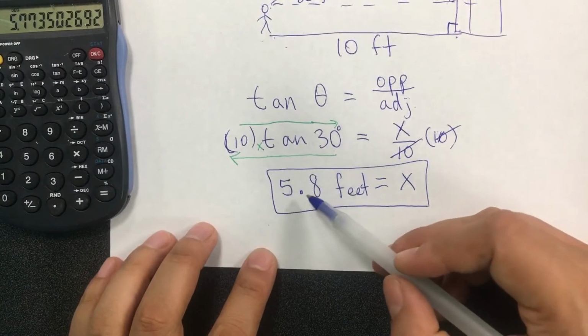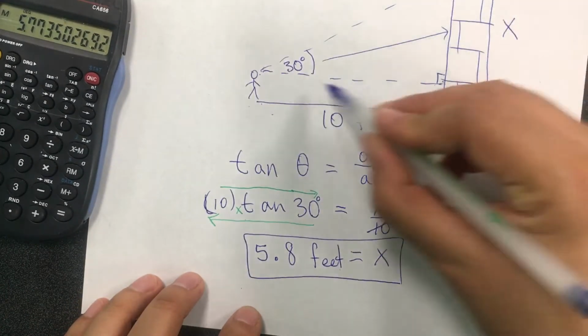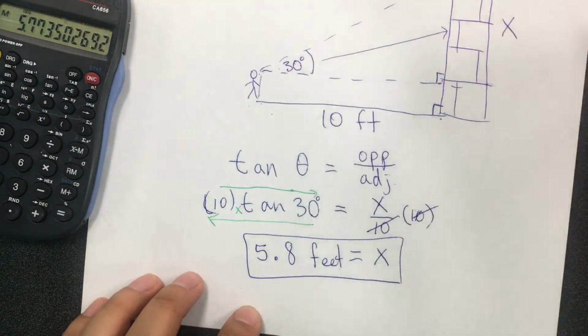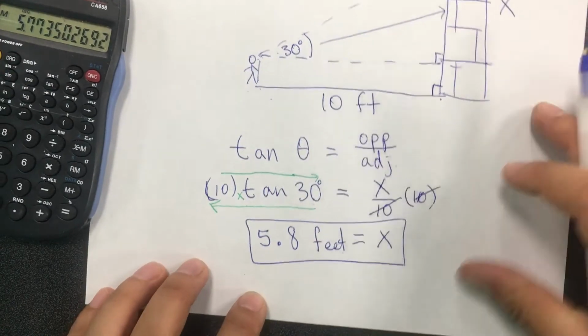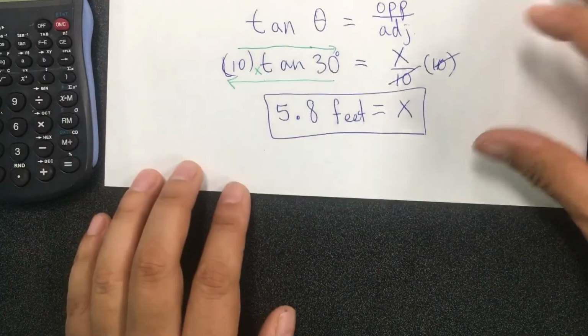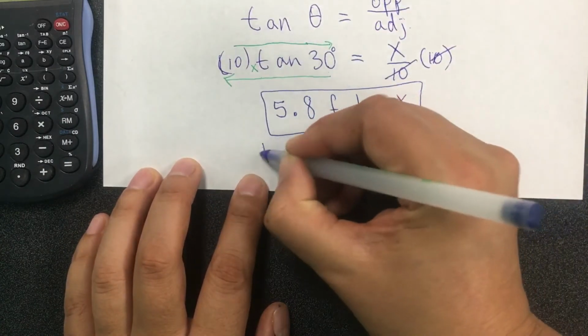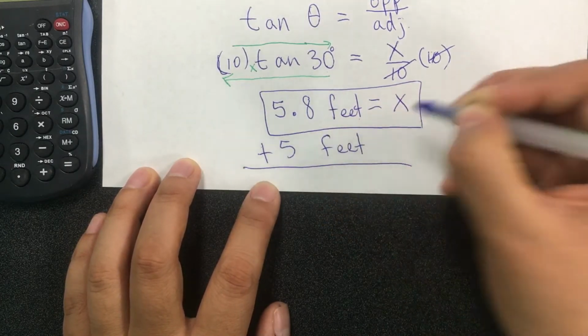So 5.8 feet is just from here to here because we're not taking into consideration that it's 5 feet higher. Some don't even pay attention to that little piece of information, but in this case, we're going to add the 5 feet of how tall you are.